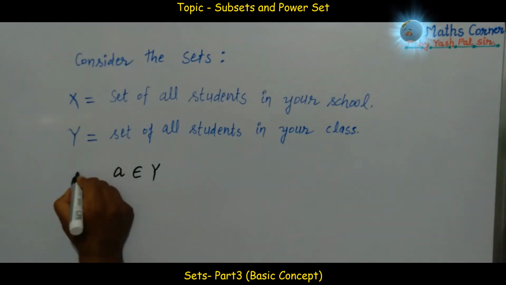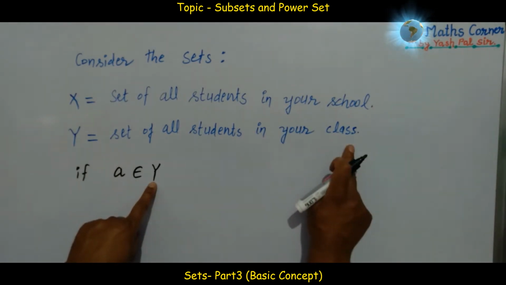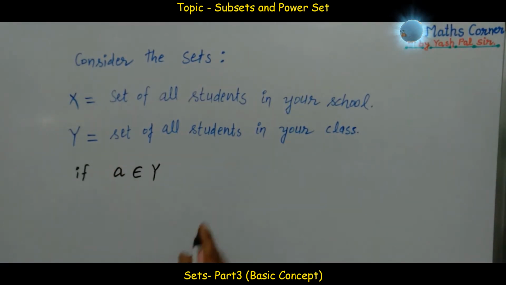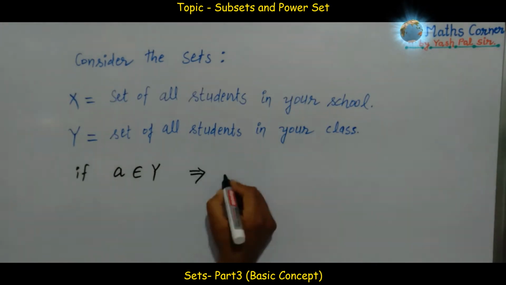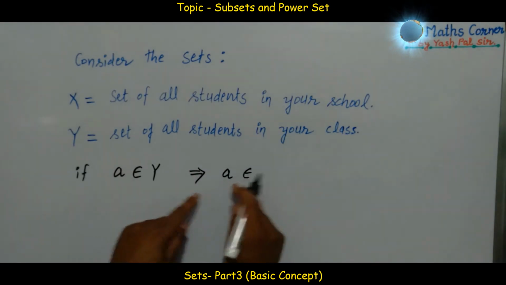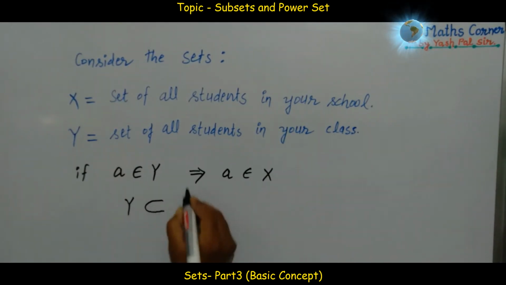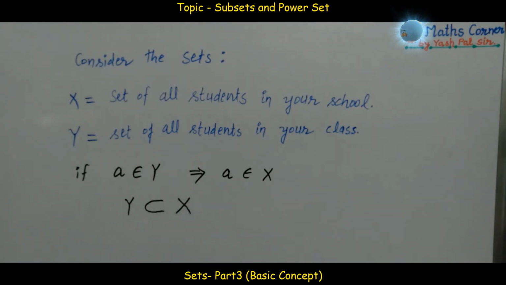If a is a student of your class, that is, a belongs to y, it means a is also a student of your school, that is, a also belongs to x. In mathematics we write this way: y is a subset of x.